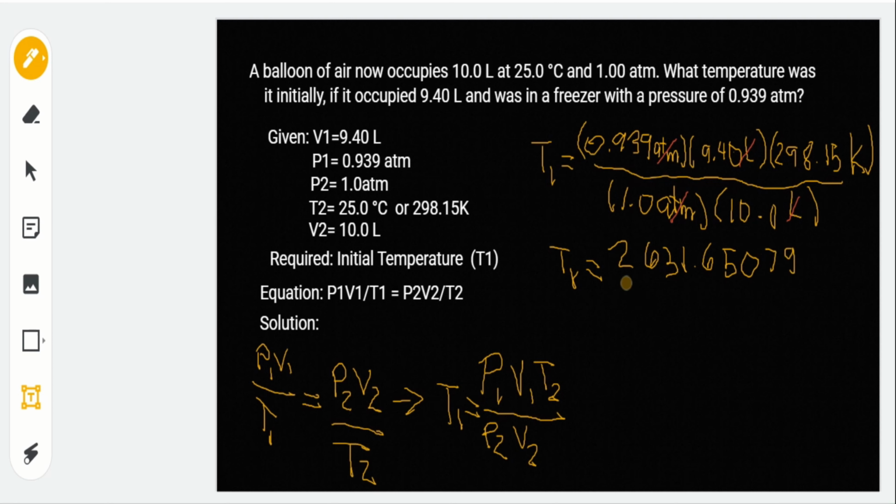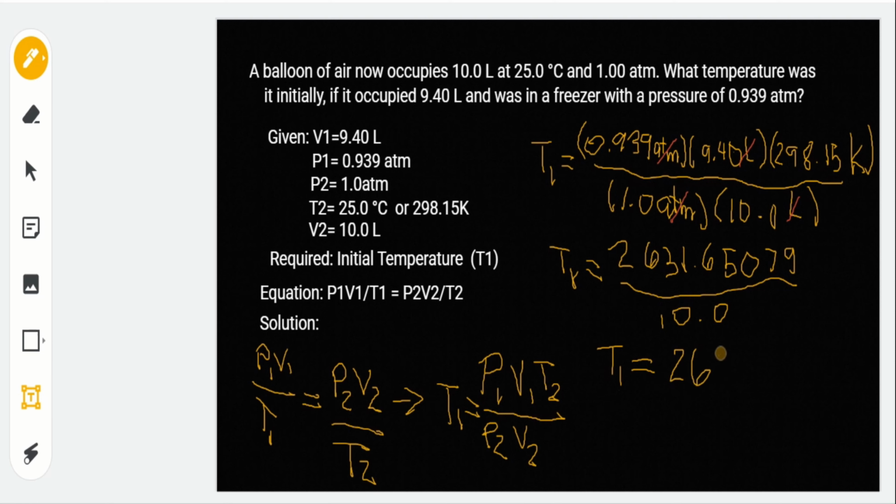And of course, let's divide it by 10.0. So 2631.65079 divided by 10.0.